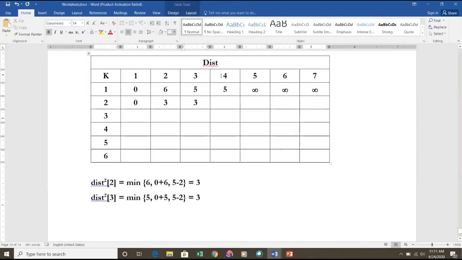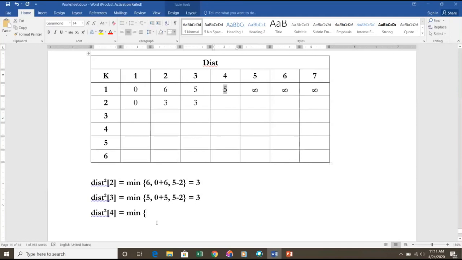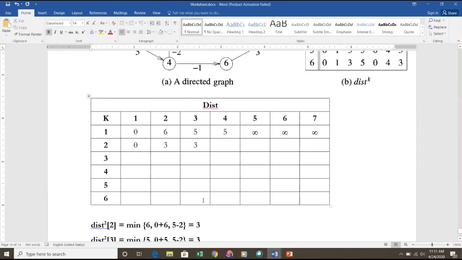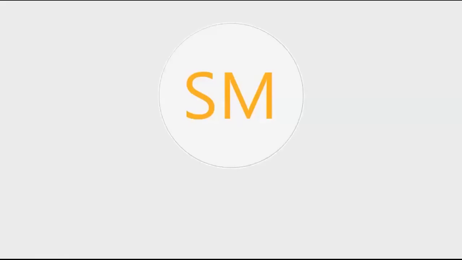So next I have to calculate dist of 4. How to calculate this? It is equal to min of, what is the previous value of 4? Previously it contains 5, so write 5 here and see which edges are incident on this.